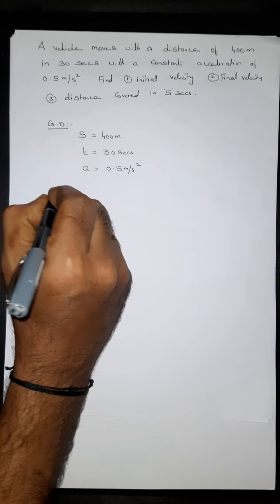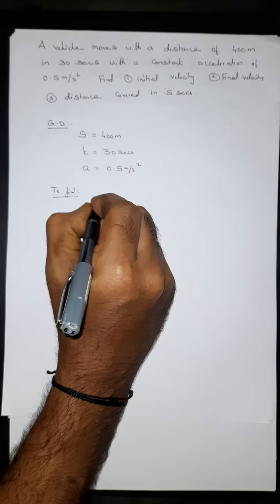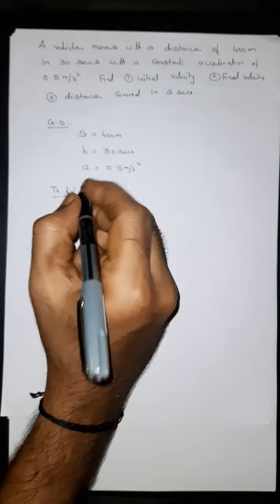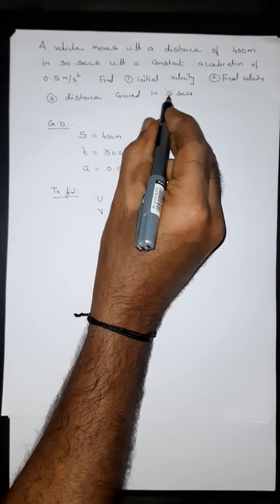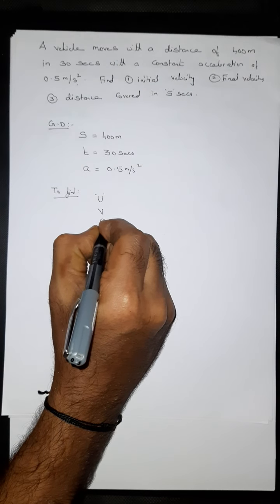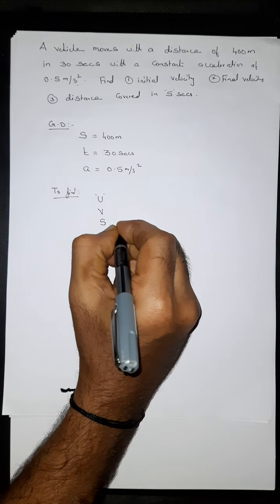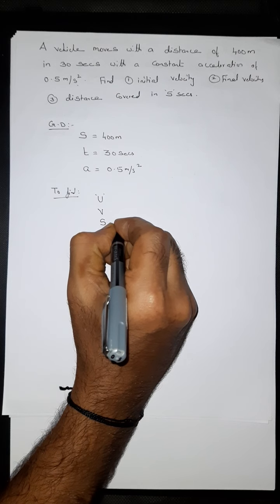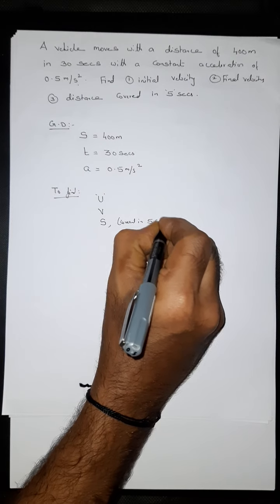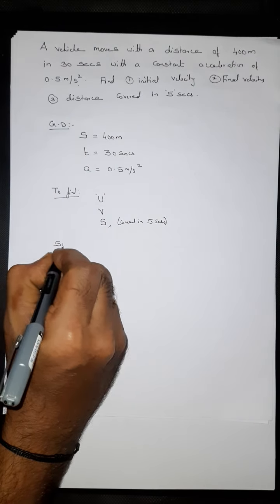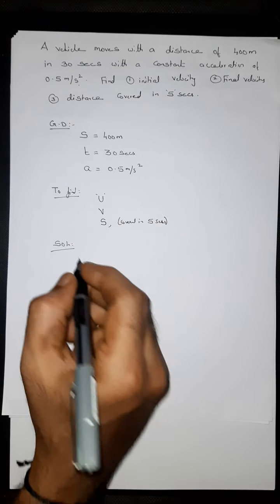To find: initial velocity, which can be represented by u, then final velocity, represented by v, and distance covered in 5 seconds. Distance is nothing but displacement covered in 5 seconds. Solution. Right. Initial velocity.